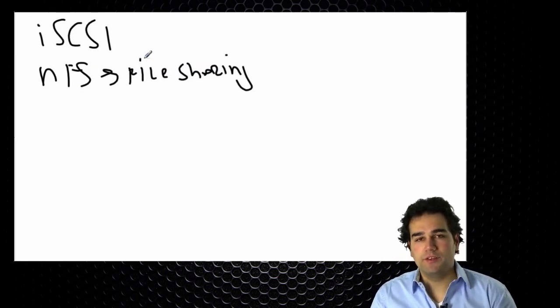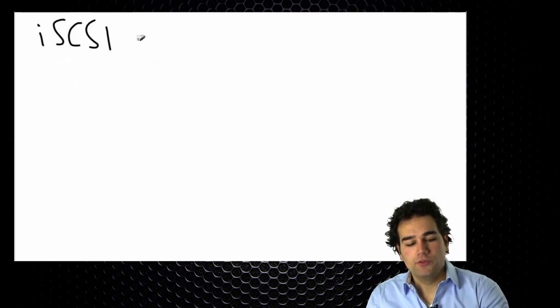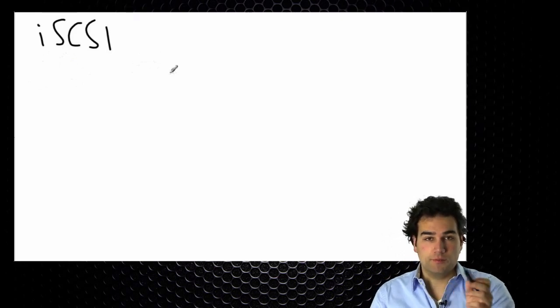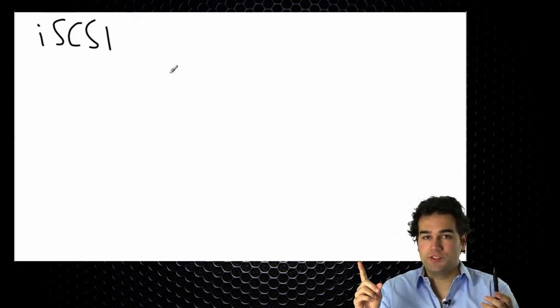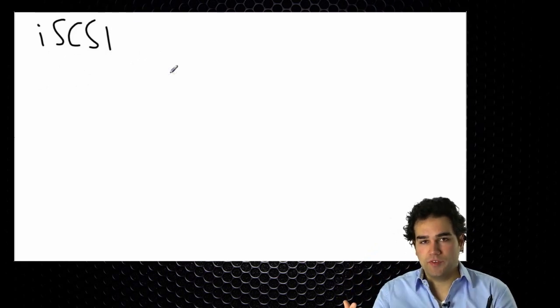These are just file sharing commands that an OS uses to communicate with a disk or with another server hosting files. So we are not talking about NFS. We could never do boot from NFS because NFS is a file sharing protocol, and file sharing protocols are just OS to OS talking to each other and exchanging files in different form factors.